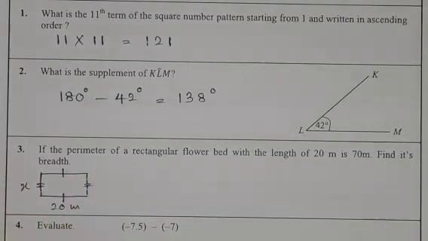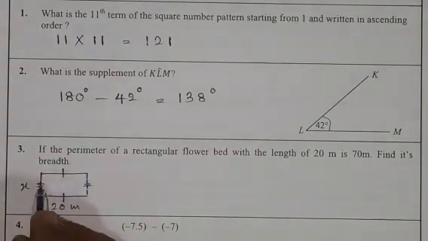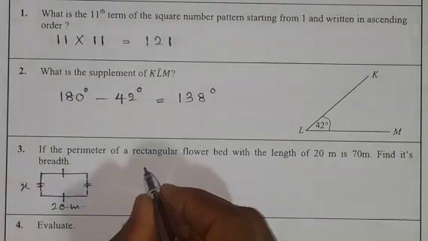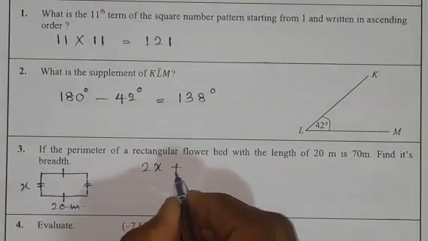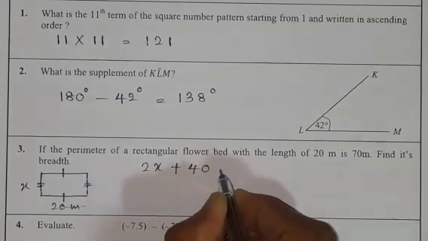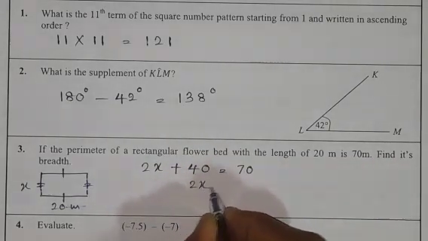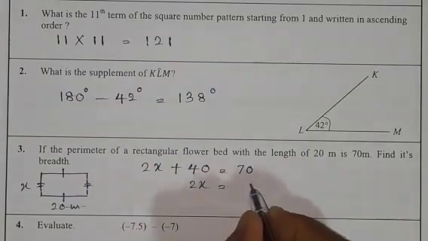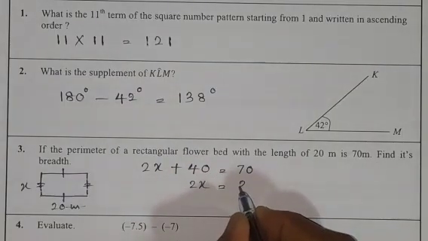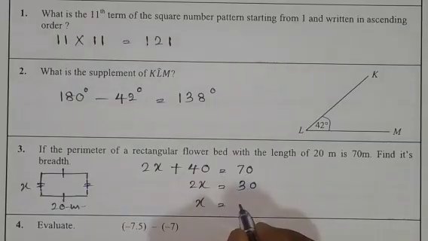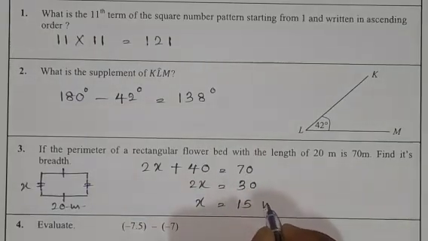Then we can form a simple equation. The perimeter: 2x plus 20 plus 20, 2x plus 40 equals 70. Then 2x equals 70 minus 40, that is 30. Then x equals 30 divided by 2, 15 meters.